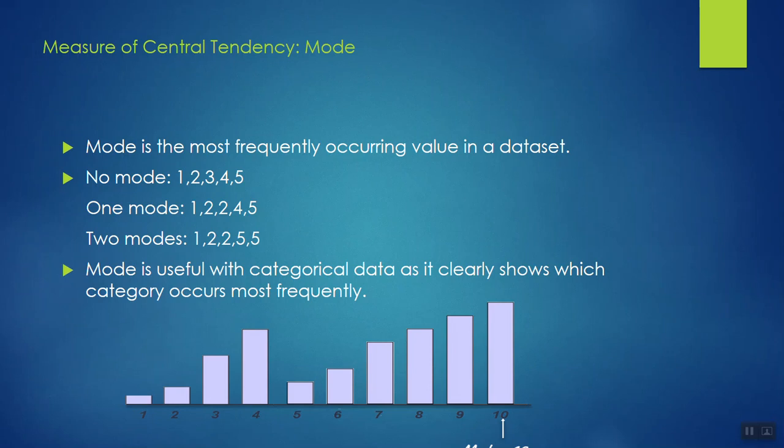We have a bar chart here which shows how frequently a pen is sold. Here we can see that pen number 10 was sold the most. We will discuss measure of dispersion in the next video.